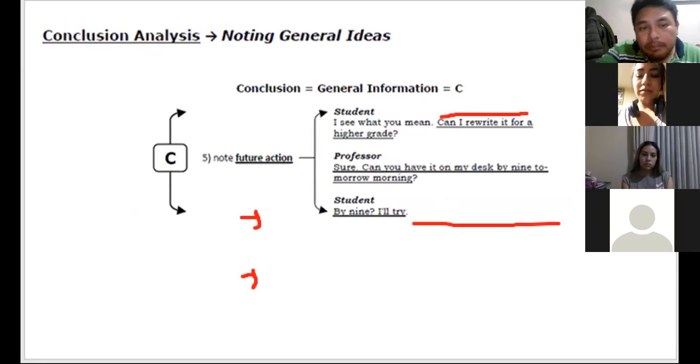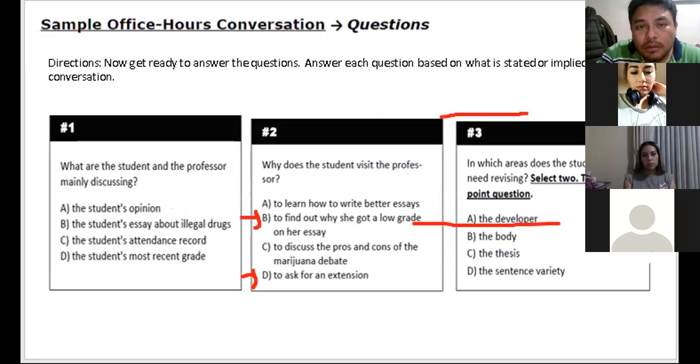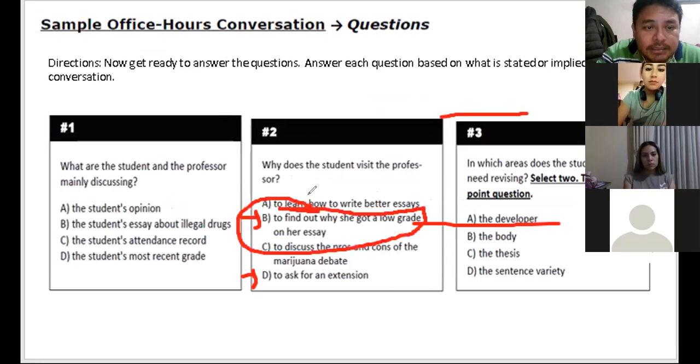All the conversation is because she needed another opportunity to deliver the homework. So as the introduction, setting the context, it was this, but the reason for all that conversation finishes with giving an extension for delivering the homework, the essay. That's why the correct answer is letter D.